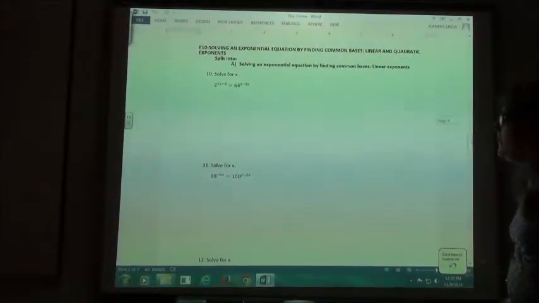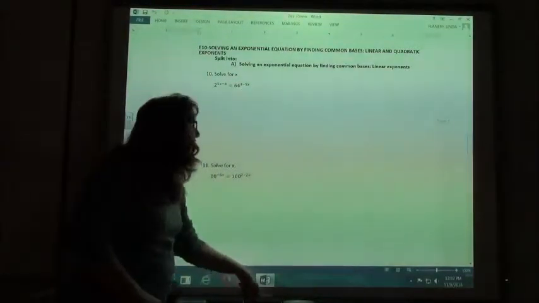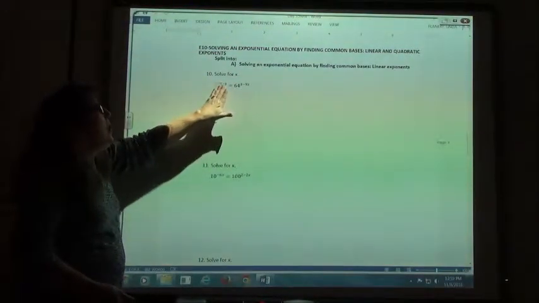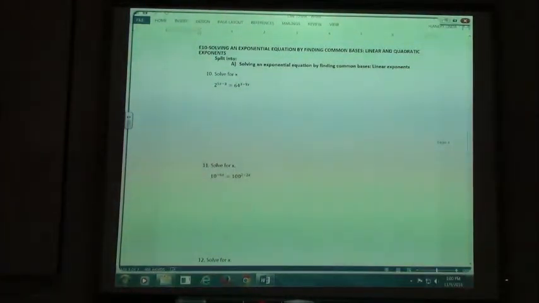All right, whole different kind of problem because now we don't have the word log in there anymore. So we have some expressions that do not have common bases. If you can rewrite them with a common base, that's the easier way to solve the problem. We'll get to some later that you can't rewrite with a common base.